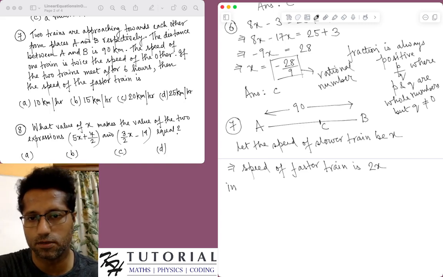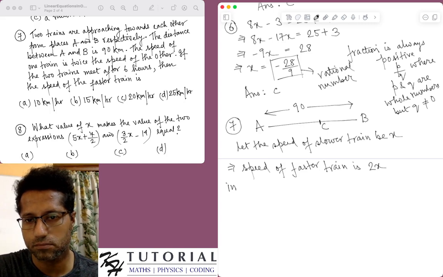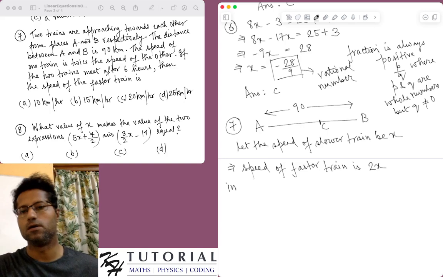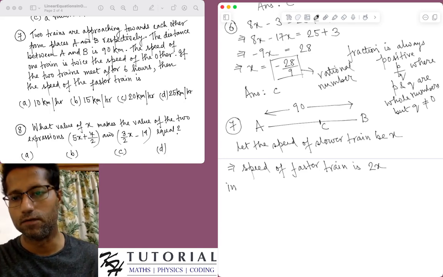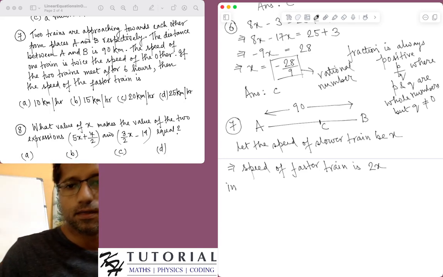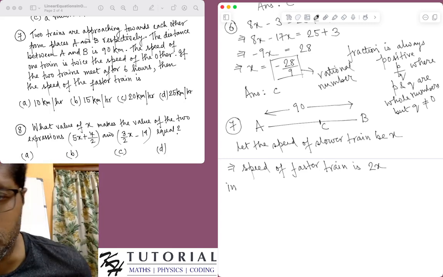So after 6 hours, the train from A has traveled AC, and the train approaching from B has traveled BC. So definitely BC plus AC should be 90.